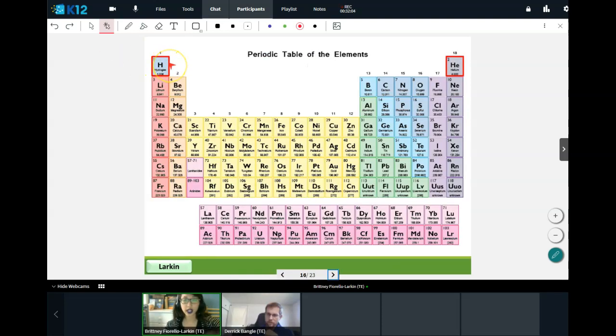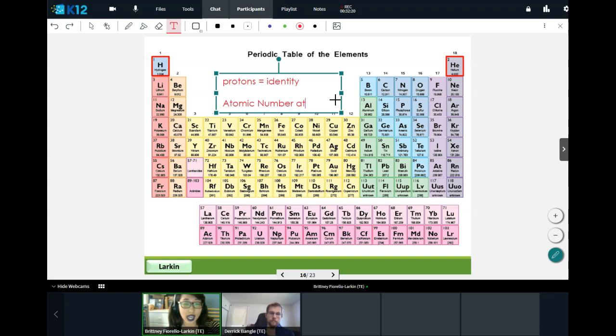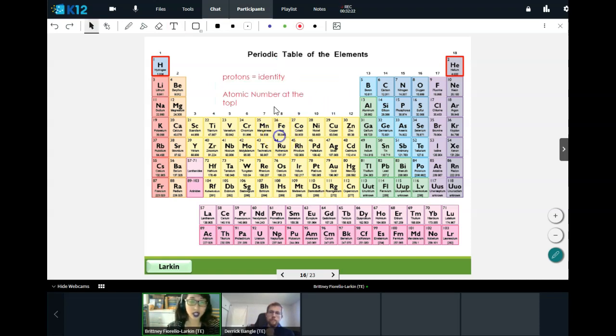Okay, so taking a look here, hydrogen and helium are on the periodic table. And again, we said that protons are probably the most important thing for identity, right? So protons are identity. But they are also actually shown on the periodic table in the form of the atomic number at the top. So it's going to be the whole number, the number without any decimals, generally at the top of our square here.